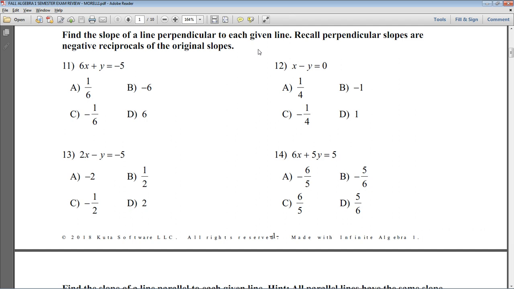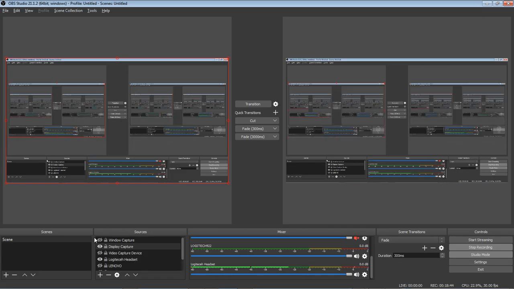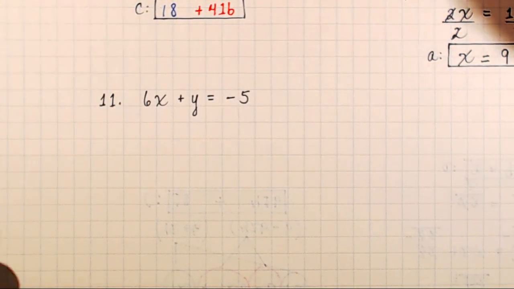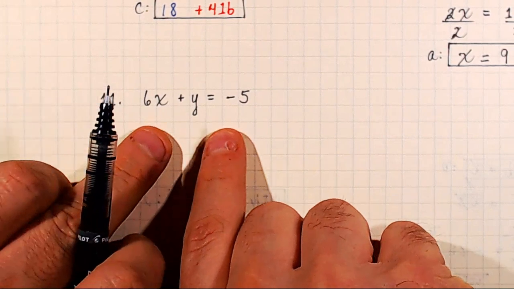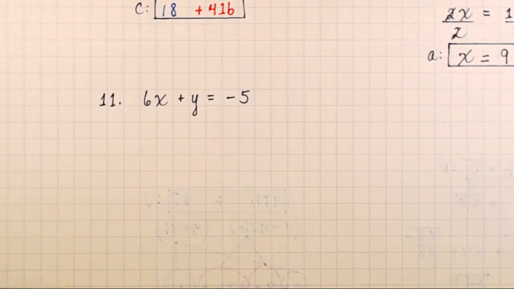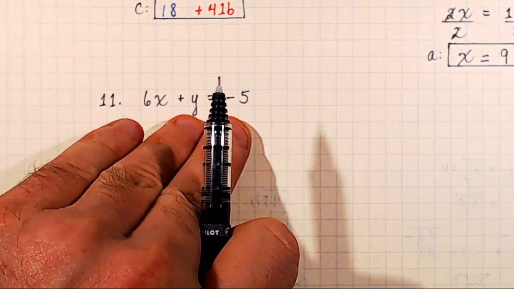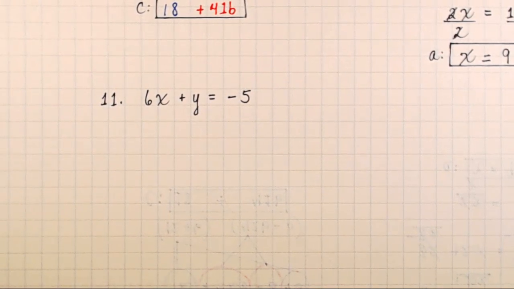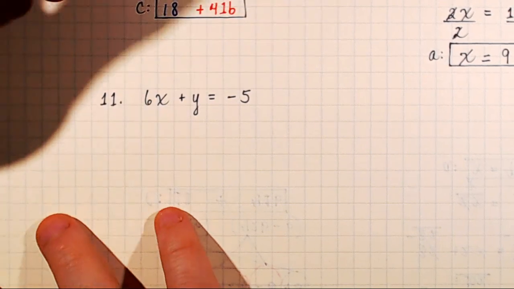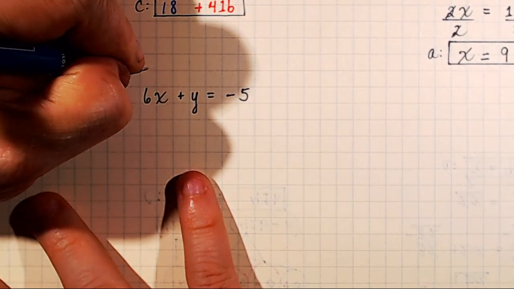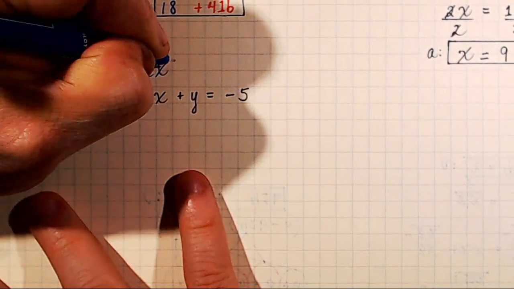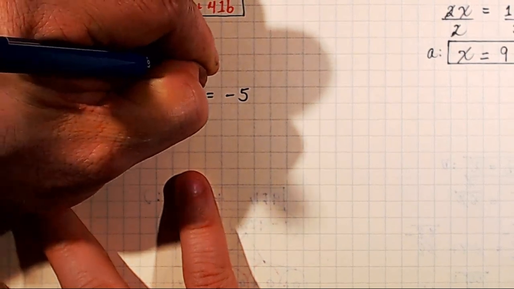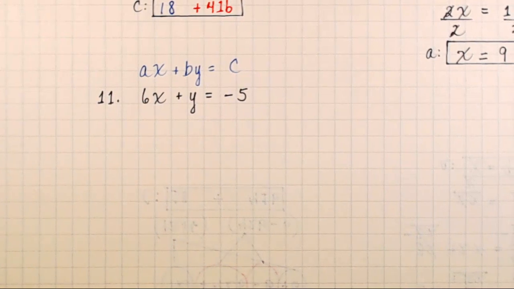Okay, so we'll get back to our work surface. Here's our number 11. Now this problem right here, this equation, is currently in something called standard form. I mentioned that this was going to come up quite a bit. So standard form is ax plus by equals c.